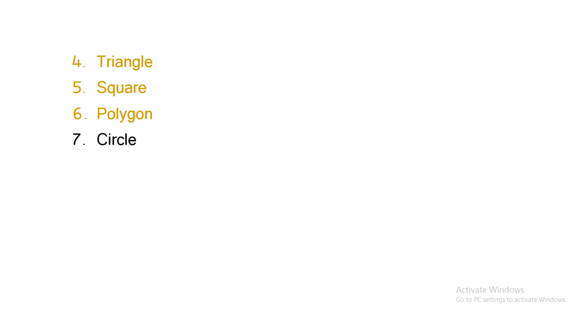It can also be defined as if a point is rotated around a certain point in such a way that the distance between the points is always equal, then the path formed by the rotation of that point is called a circle, and this particular point is called the center of the circle.